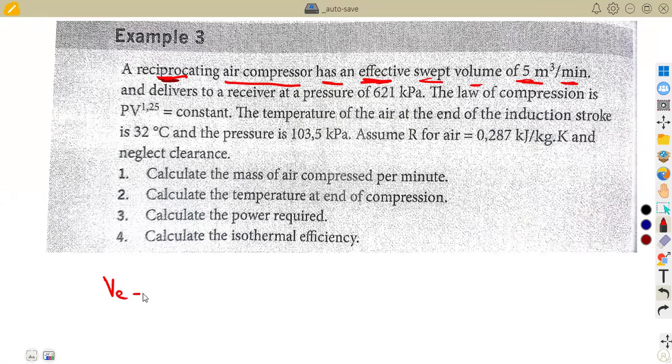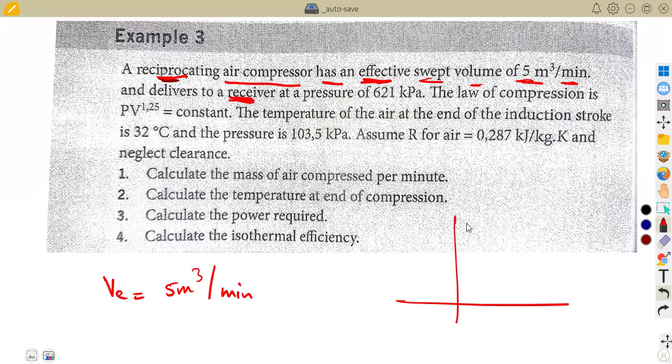So we have the effective volume of 5 cubic meters per minute, and it delivers to a receiver at a pressure. This is the inlet, and this is the receiver. It is delivering from the inlet to this, so this is P2, not P1.